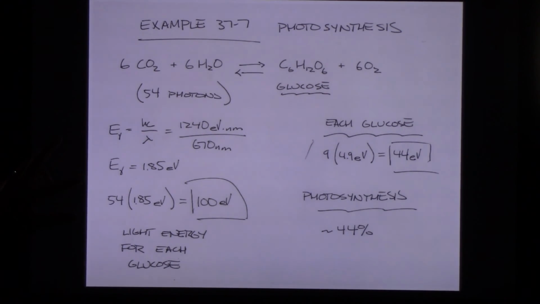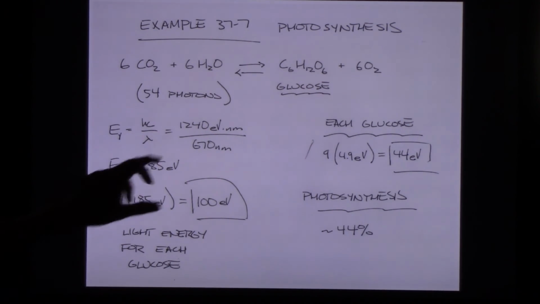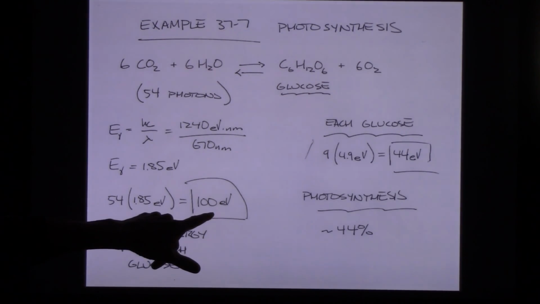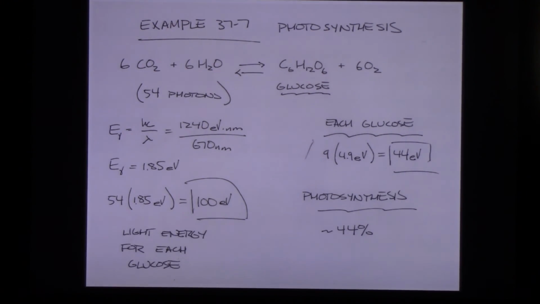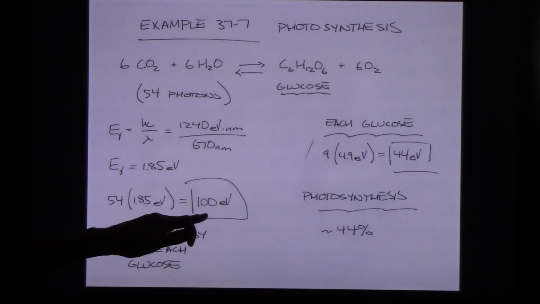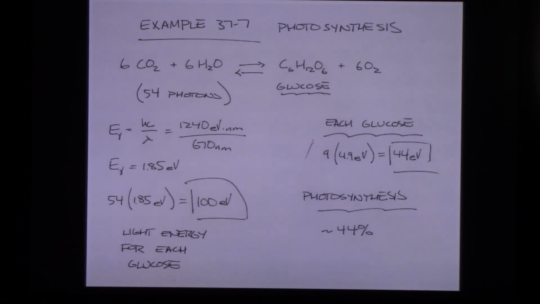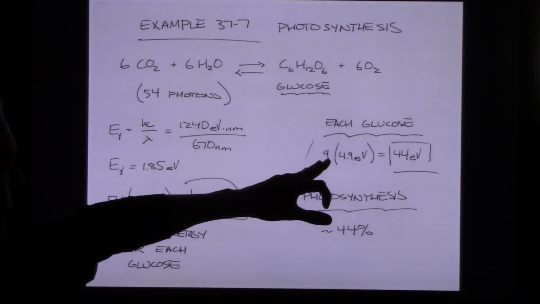Now, if I'm using 54 photons to generate my glucose, that is 100 eV of energy. Yeah, that really worked, huh? So that's how much light energy I have to bring in. I have to bring in 54 of those photons, and it adds up to be 100 eV of energy that comes in.